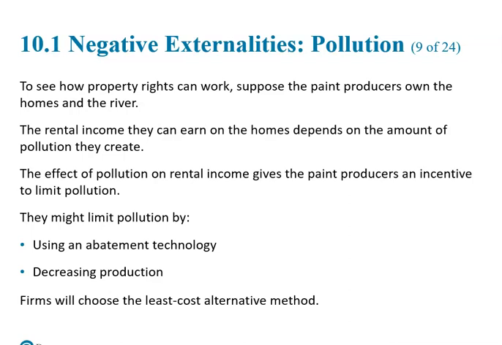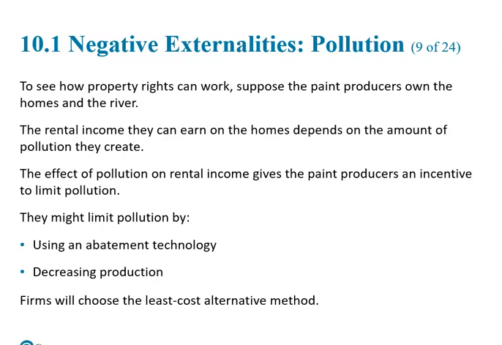So in the example of paint producers, let's just suppose that the paint producers own the homes and the river which are being polluted. So homes are basically situated next to the river, and the river is being polluted because of the production of paint. Let's suppose that is the scenario that we are facing.